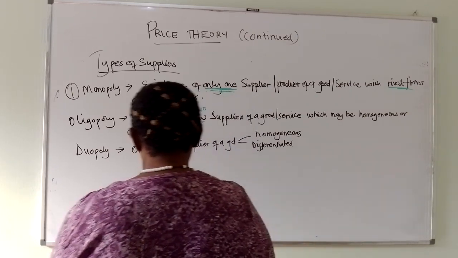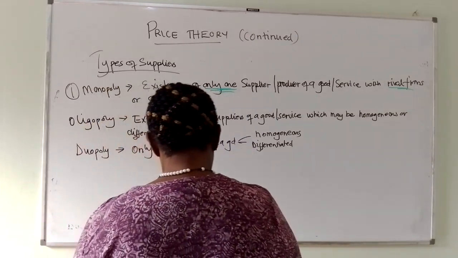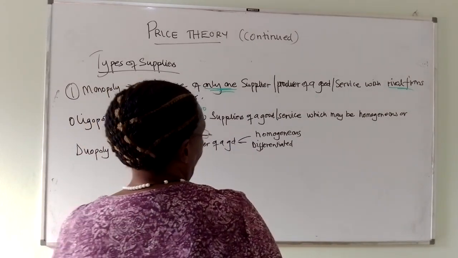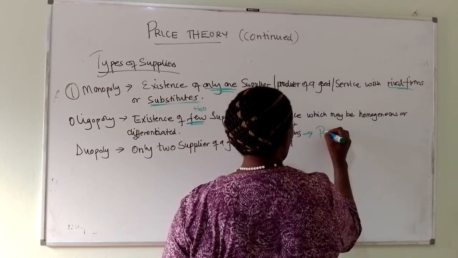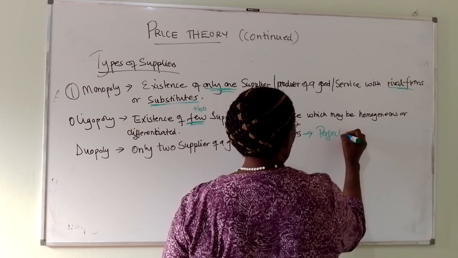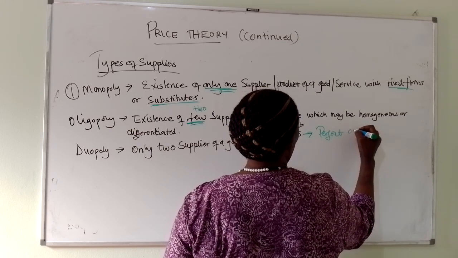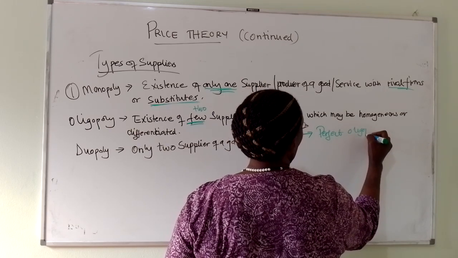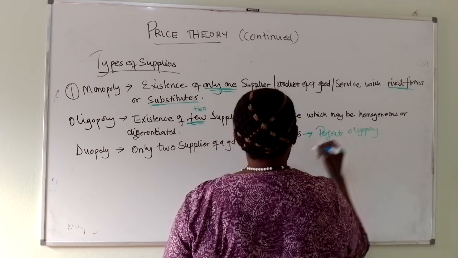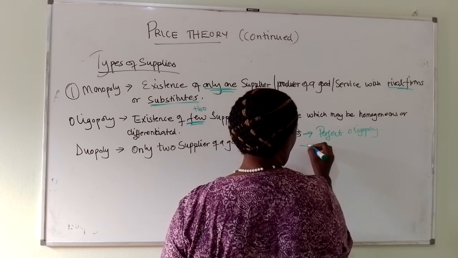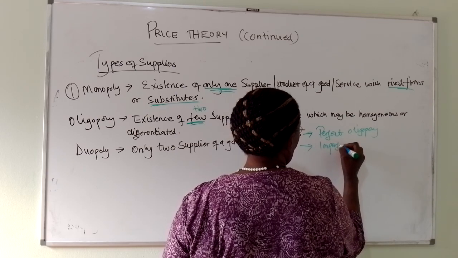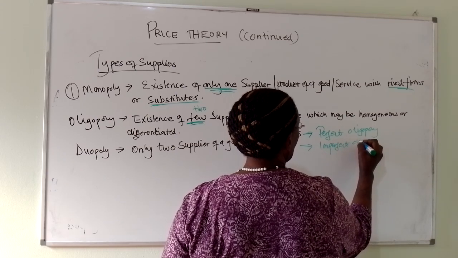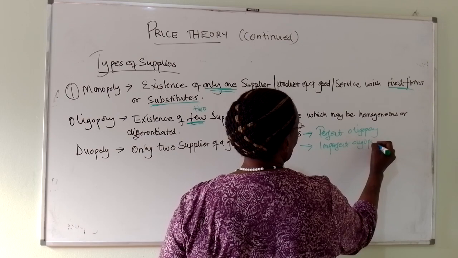Where the goods are homogeneous, we refer to that duopoly as perfect duopoly. And where the commodities are differentiated, then it is imperfect oligopoly.